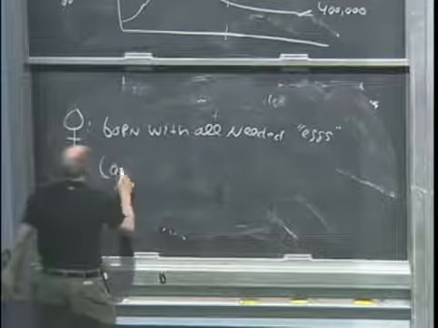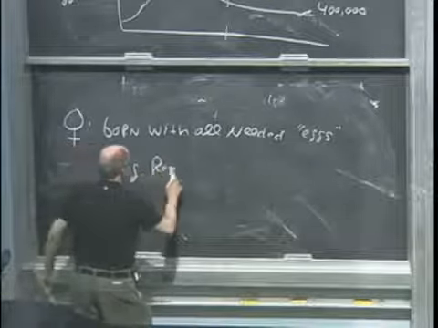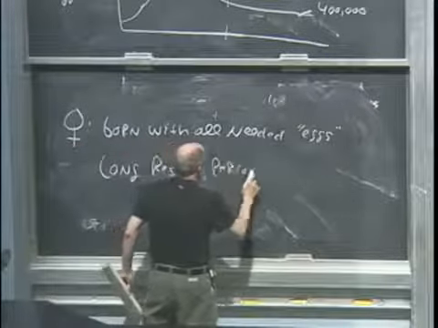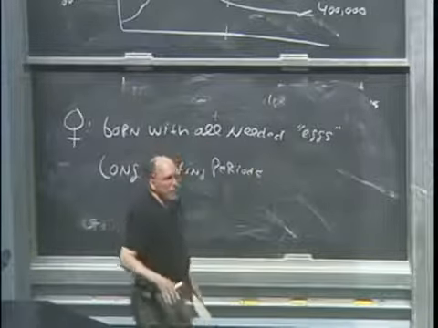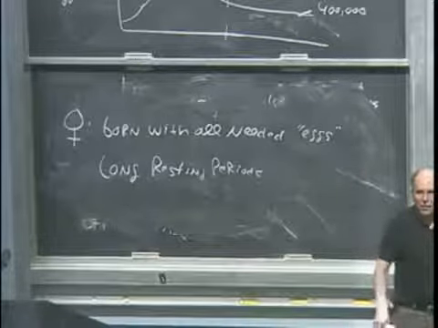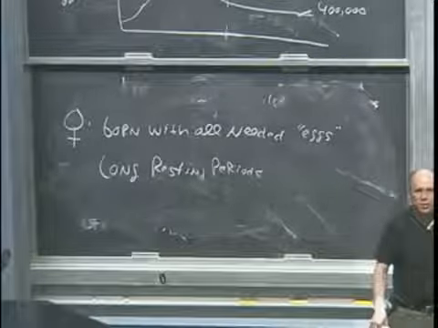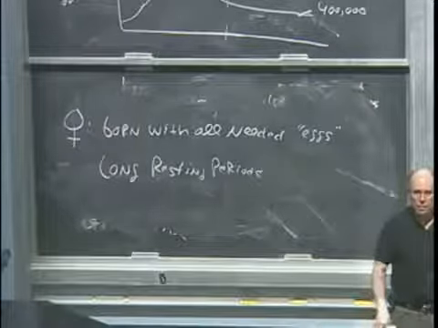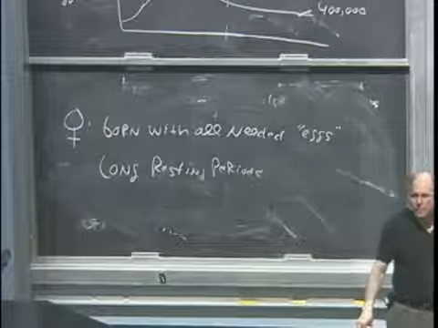You also have long resting periods in the oogenic pathway. So for a female that ovulates at the age of 50, that particular egg's been sitting there for 50 plus years before it continues in the process. Okay? For males, that would not happen.